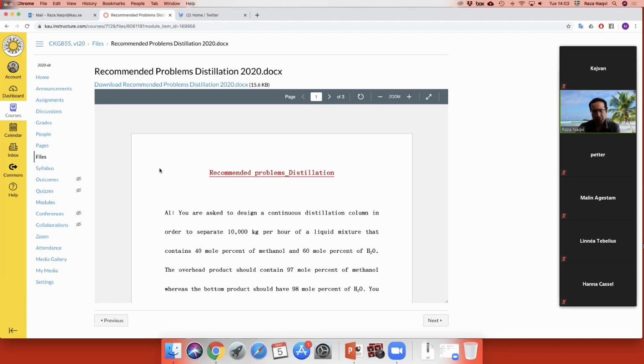There are so many questions in distillation: why it is important to know the efficiencies of stages, what the different types of efficiency are, what kind of packing we can use, what kind of plate column, what sieve tray. So I suggest that you read the chapter from the book, go through my PowerPoints, and solve these problems, right?